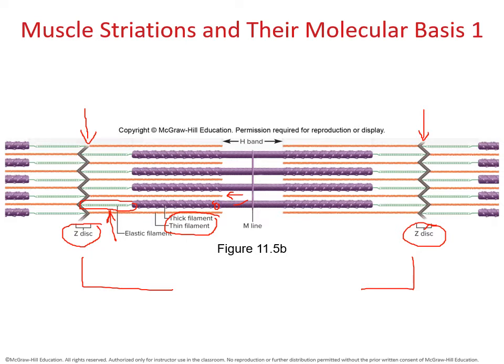Then we see that when we stack them together, they're going to be coordinated from one Z disc to the next. And a Z disc, think of it almost like a little wall, a little perimeter. It's going to allow you to separate the contractile units of the muscle. All right, a small muscle will have a few contractile units. A very bulky muscle like our gastrocnemius will have thousands of these contractile units from one Z disc to the next.